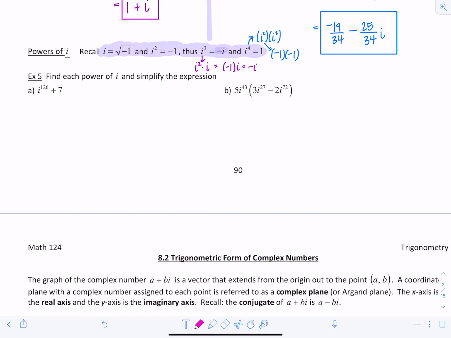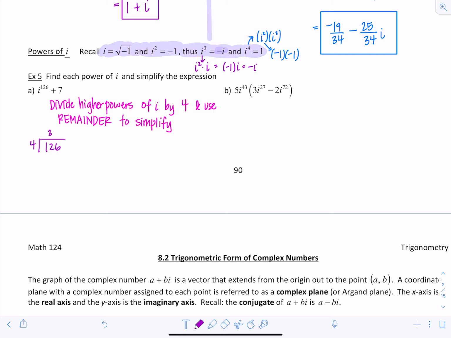What you do is you divide higher powers of i by 4, since the cycle repeats every 4, and you use the remainder to simplify. So I'll show you exactly how to do that. So i to the 126th, what I'm going to do is take 4, divide it into 126, and I'm only interested in the remainder.